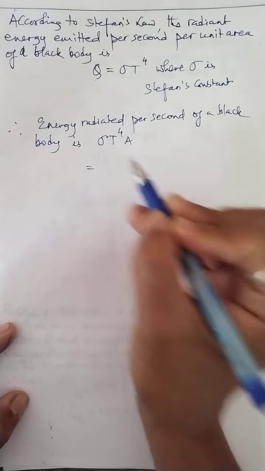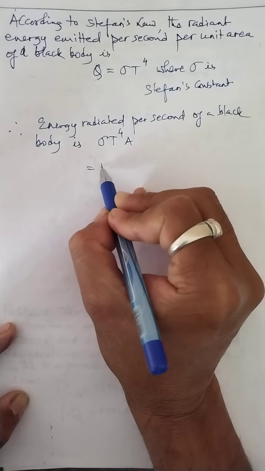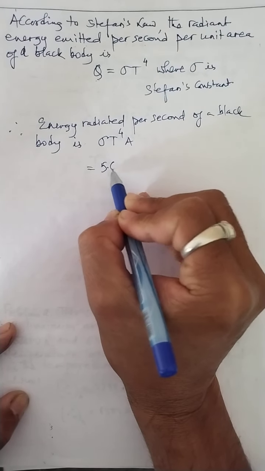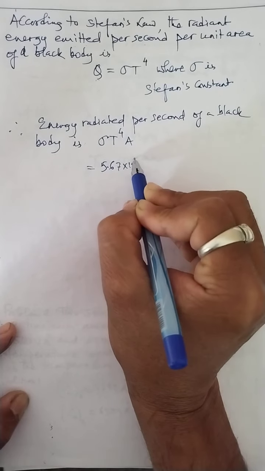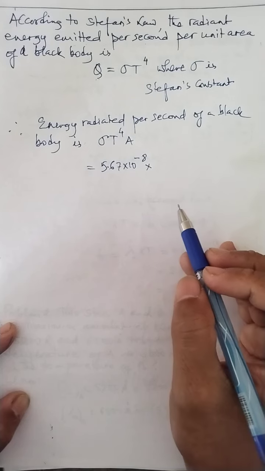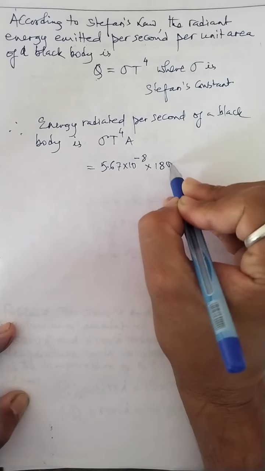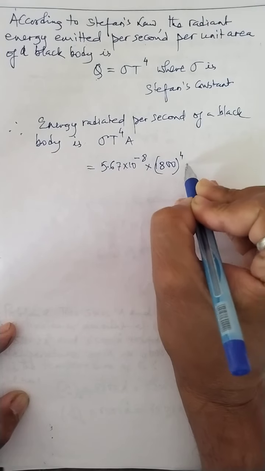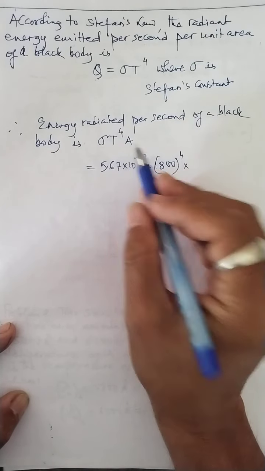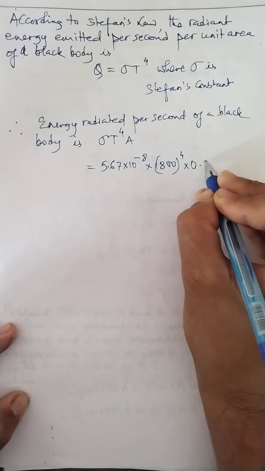So let me just substitute the values and calculate, because Stefan's constant is already given, which is 5.67 into 10 to the power minus 8. The temperature of the black body we have already calculated, and that is 1800, so this is 1800 to the power 4. Now A, the surface area, is also given, 0.2.